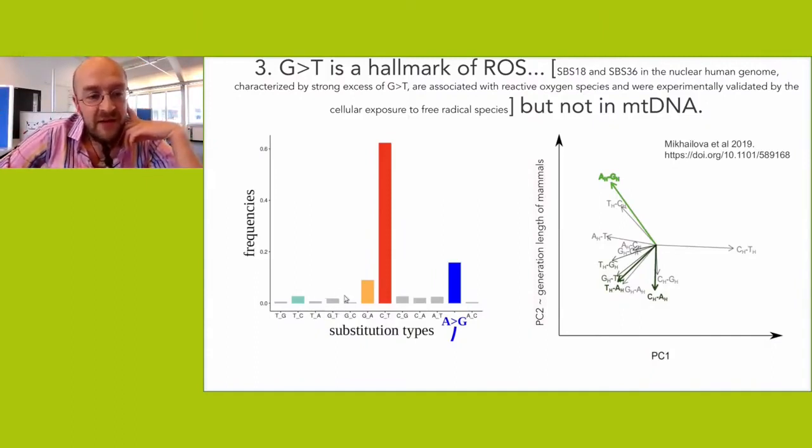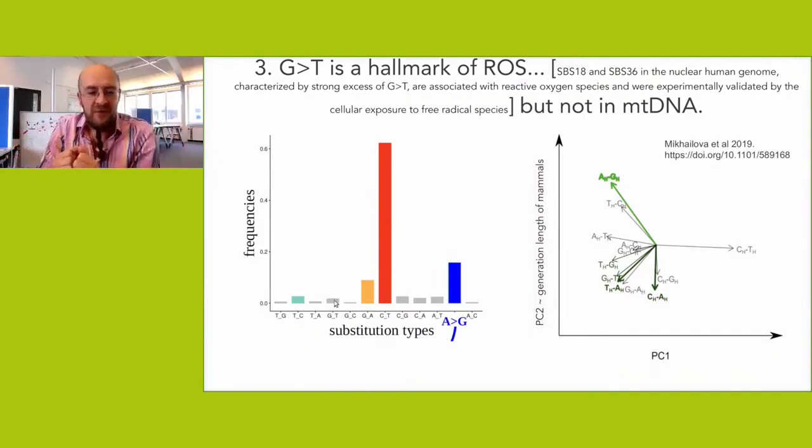Okay, you can say, even if this contribution is very low, like 3%, maybe it will have some effect when we compare different species, for example. So we decided to test it, and we reconstructed the mutation spectrum for hundreds of mammalian species and performed principal component analysis. Here you can see the biplot, just the projection of different substitutions on principal component 1 and PC2.